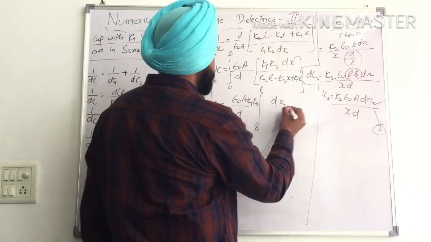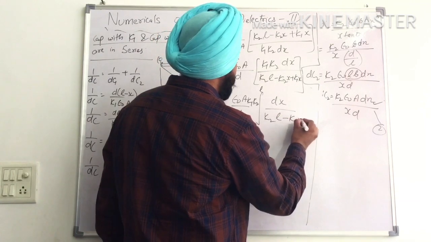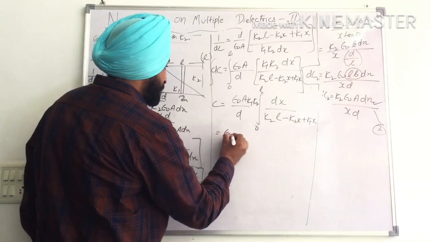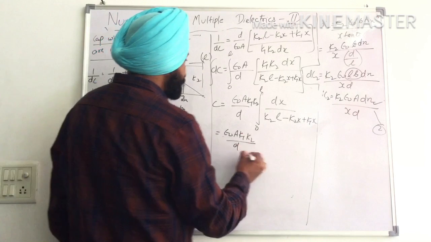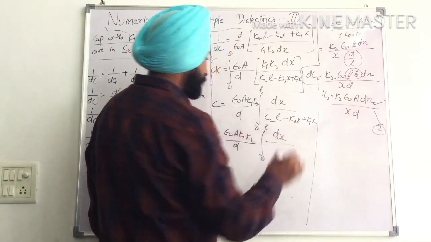So it will be dx by K2L minus K2x plus K1x. So epsilon naught A K1 K2 by D, integral 0 to L, dx over.